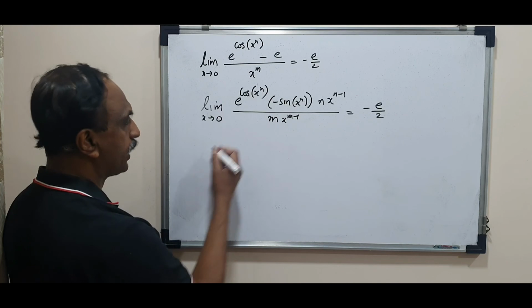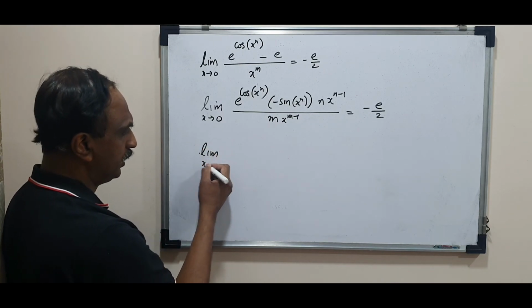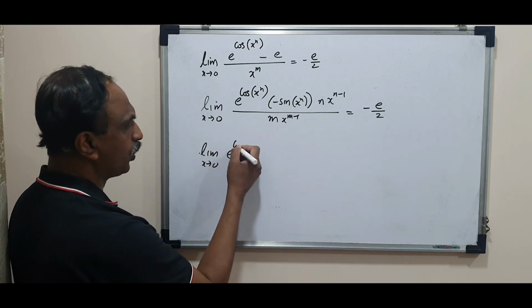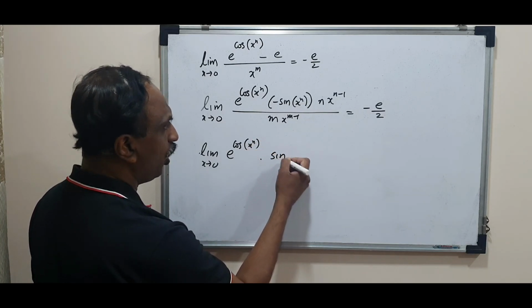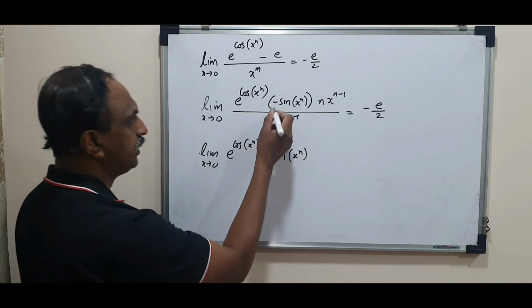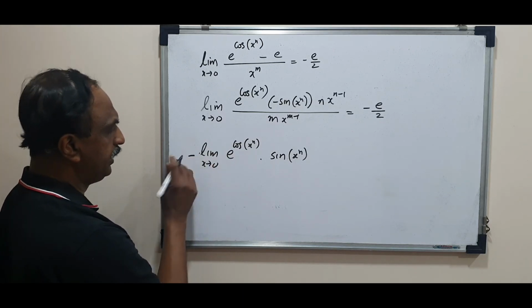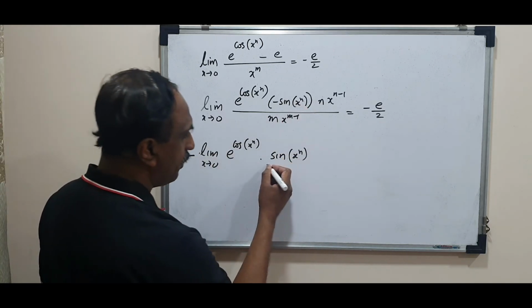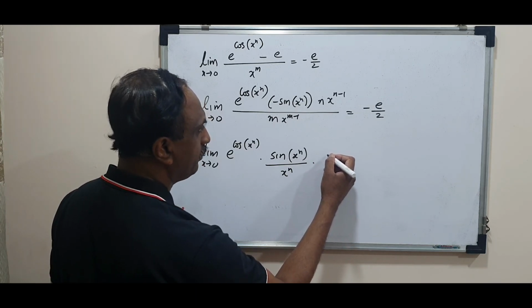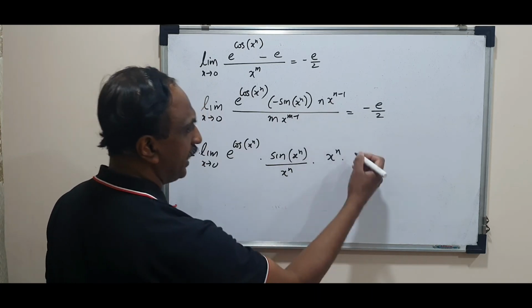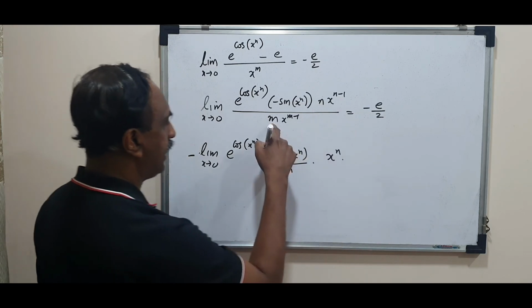This becomes 0. Okay, we'll separate it first of all. e raised to cos of x raised to n and sine of x raised to n, the minus sign I'm putting outside. Then I'm dividing by an x raised to n, multiplying by an x raised to n. Then I have an n here and m here.